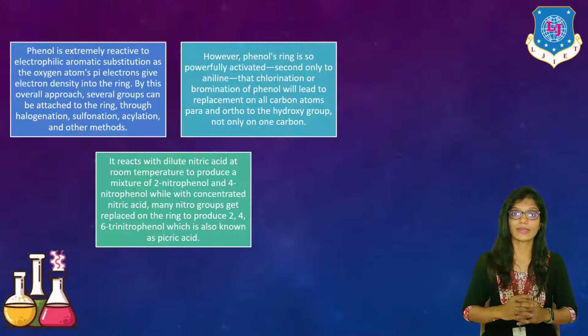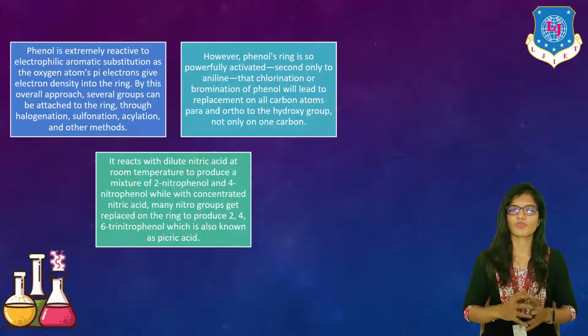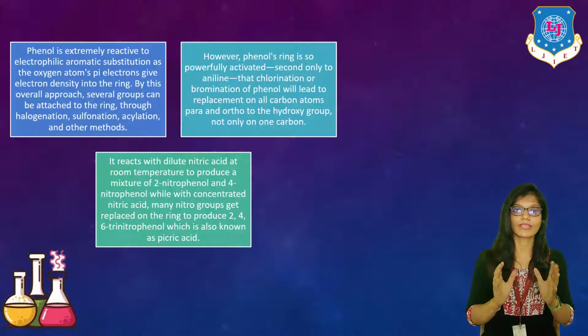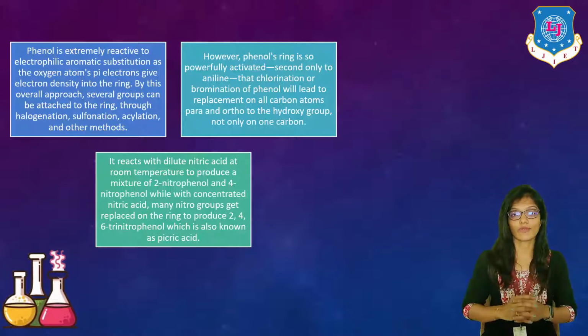And picric acid is most widely used in the dyeing industry to get the yellow color. So that is basically where we can get different shades of yellow through this picric acid. In this manner, this particular substitution gives us an idea of which kind of groups can be attached or substituted.